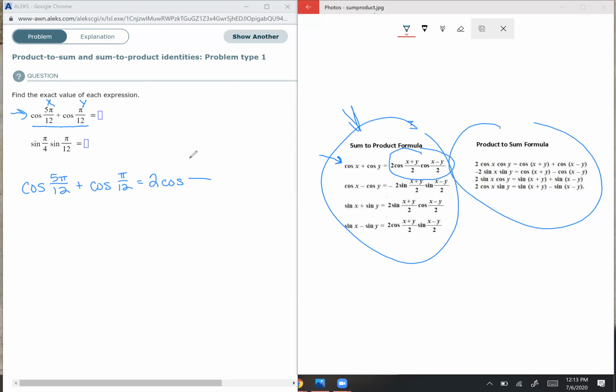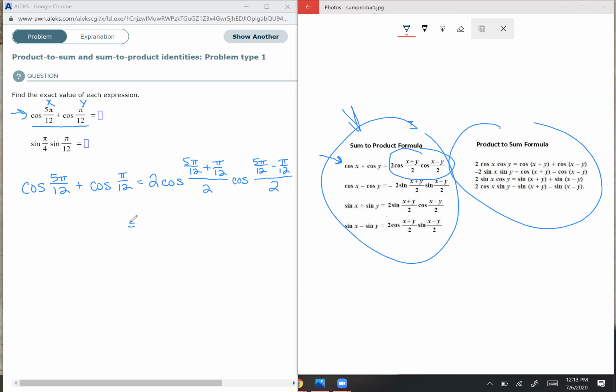So x plus y, and then it's over 2. Now, that's the first part of it, and then that's multiplied by the cosine of x minus y over 2.